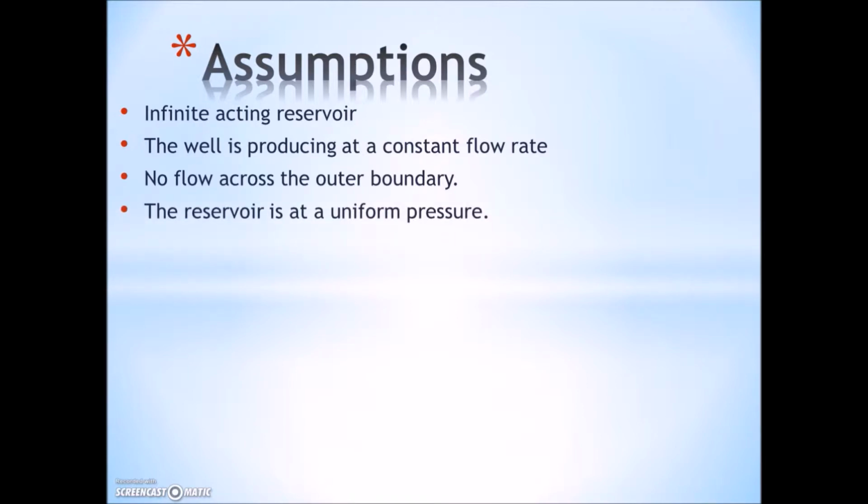The fourth assumption is the reservoir is at a uniform pressure, Pi, also known as initial pressure, when production begins. The fifth assumption is the well with a radius of Rw is centered in a cylindrical reservoir of radius Re.